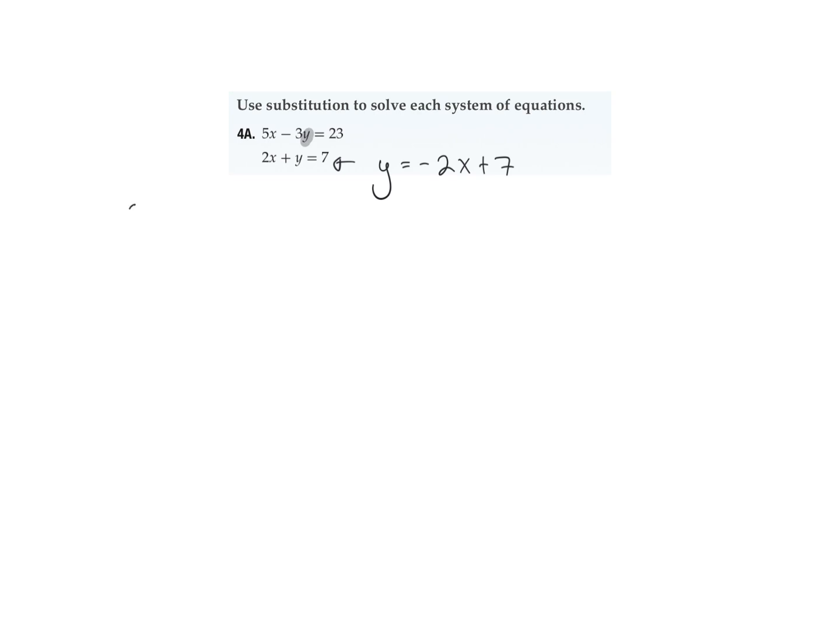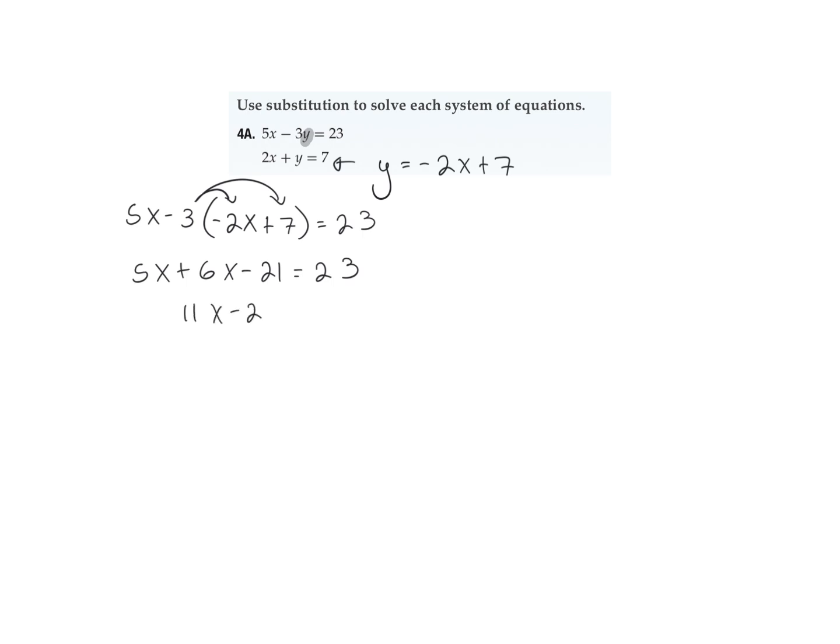So I'll do 5x minus 3, then in parentheses, negative 2x plus 7 equals 23. Then I'll go ahead and distribute. So I'll get 5x plus 6x minus 21 equals 23. This would be 11x minus 21 equals 23.